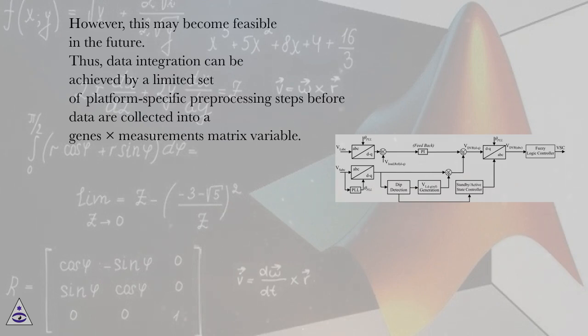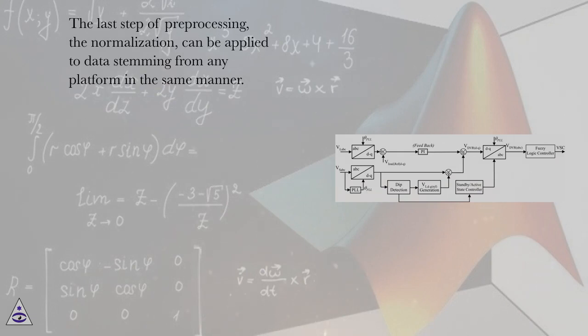Thus, data integration can be achieved by a limited set of platform-specific preprocessing steps before data are collected into a genes times measurements matrix variable. The last step of preprocessing, the normalization, can be applied to data stemming from any platform in the same manner.